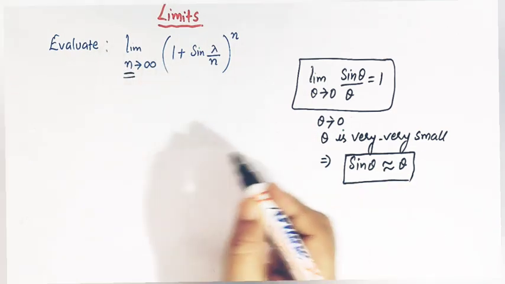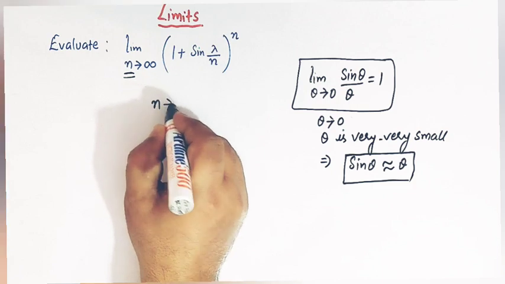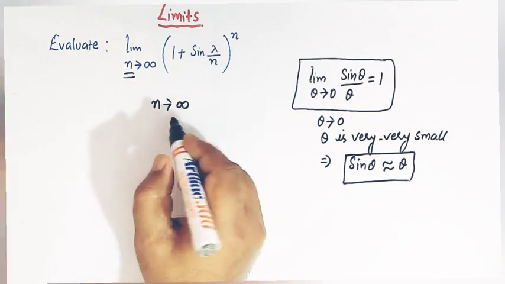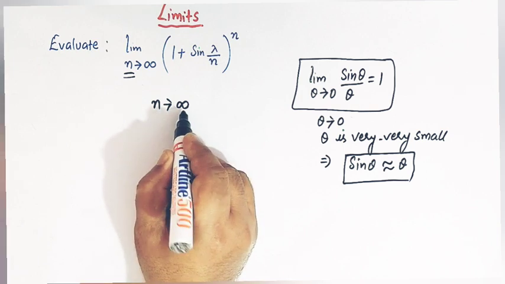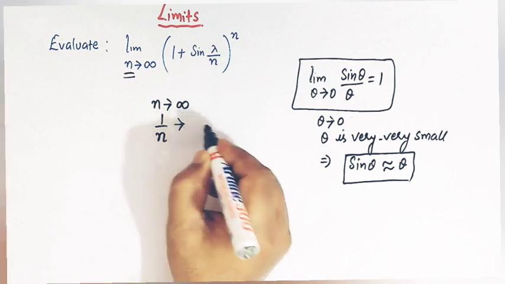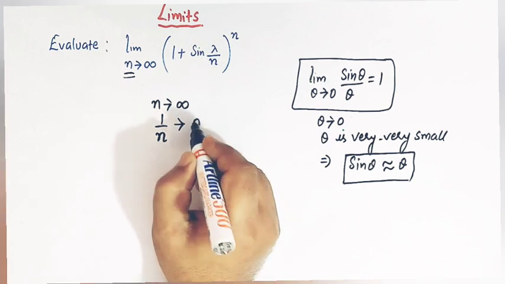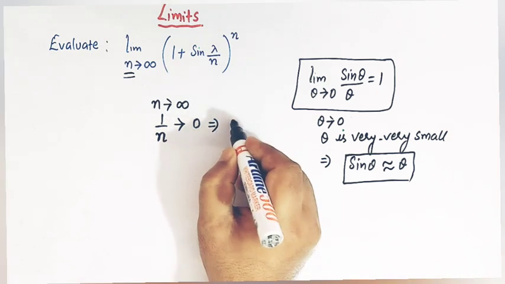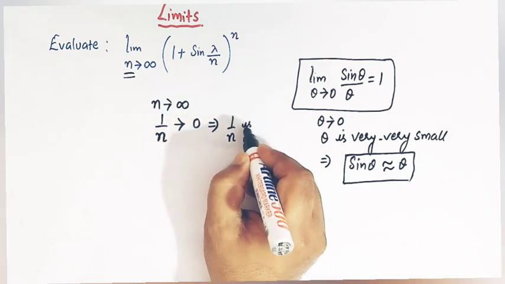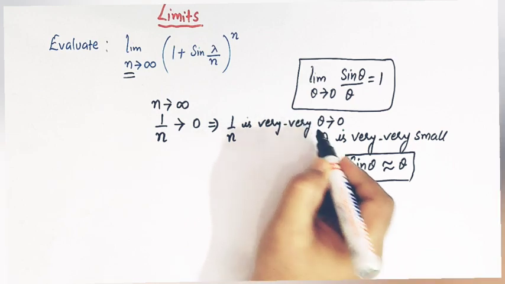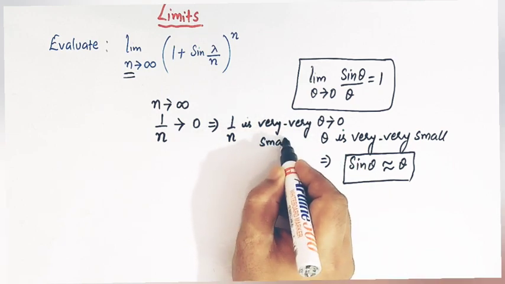So this concept will be used to solve this limit. Now see, here n tends to infinity, so n is getting large. When n tends to infinity, it implies that 1 over n tends to 0, so 1 over n is very small.